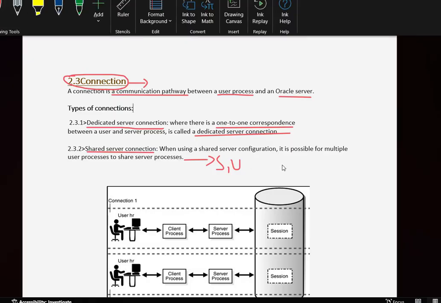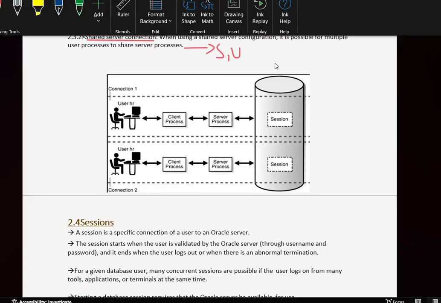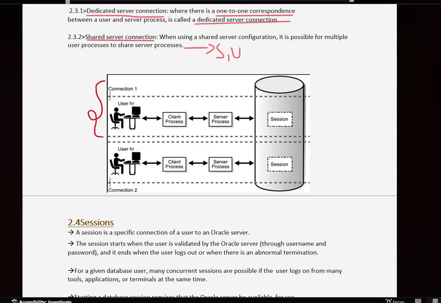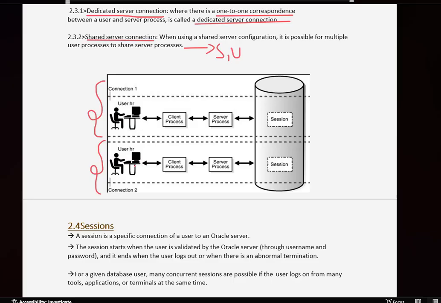Now if we go to this architecture, there is connection 1 and connection 2, two images. For image 1, if we explain, user 1 has a client process and a server process, and establishes one session. That is the connection. One connection is established, and the second one is user 2. When a user connects to the server process through a client process, that is when the session is connecting.